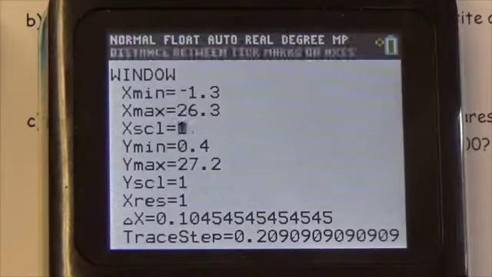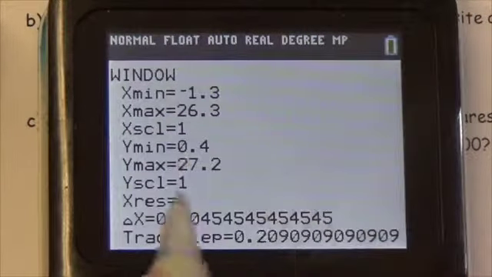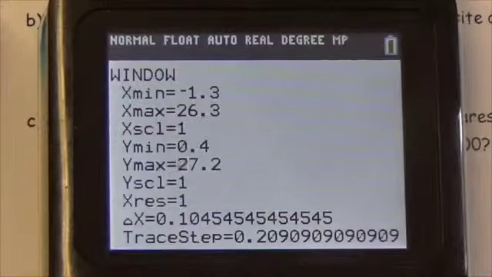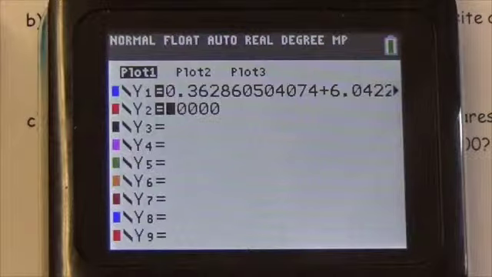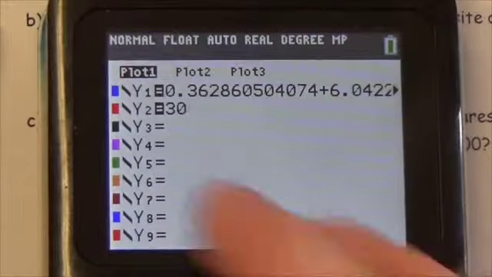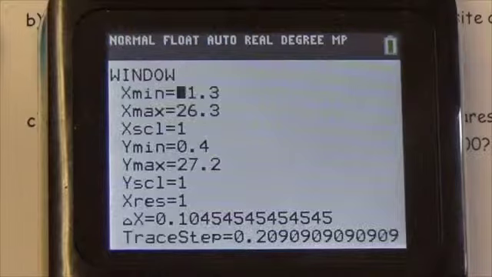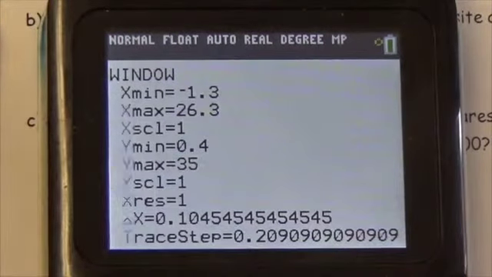Yeah, this needs to be above 30 for this to work. Oh, whoa, I just realized I screwed that up. That's got to be 30, not 30,000. Sorry, I can almost hear people yelling at me through the internet. But I caught it. So there's my window. Let's make the Y max 35 so we can see everything for sure.